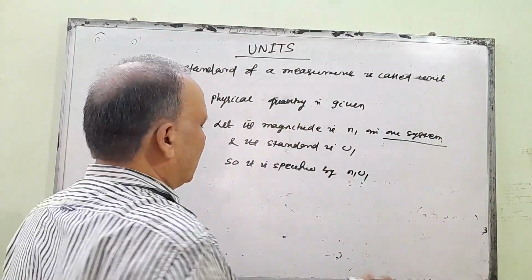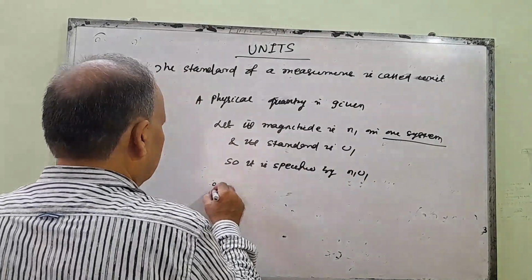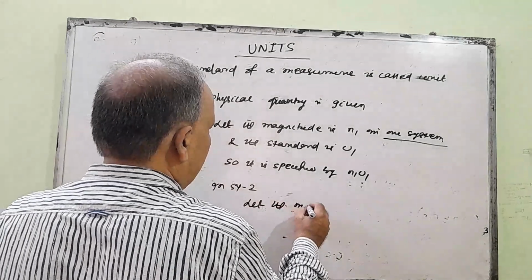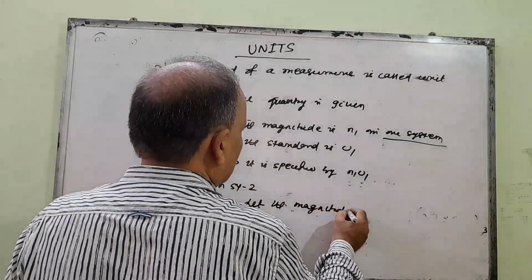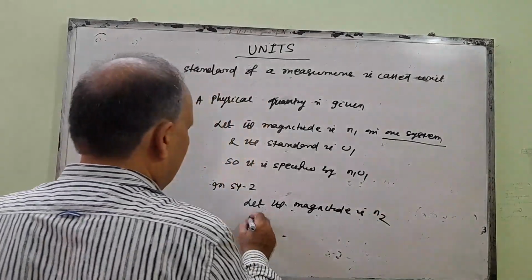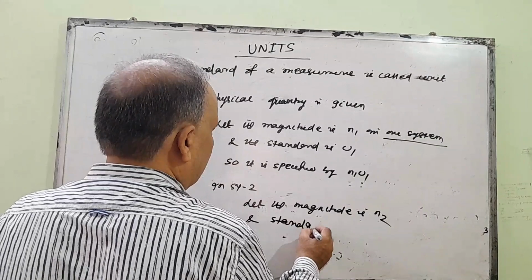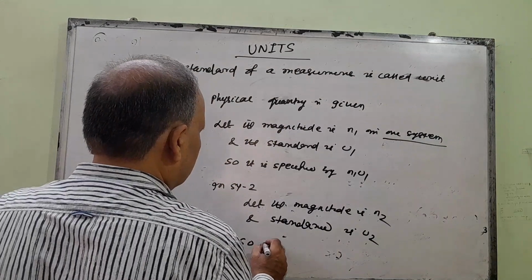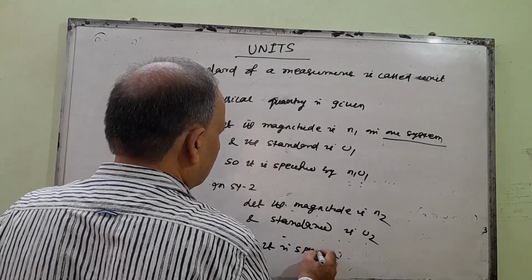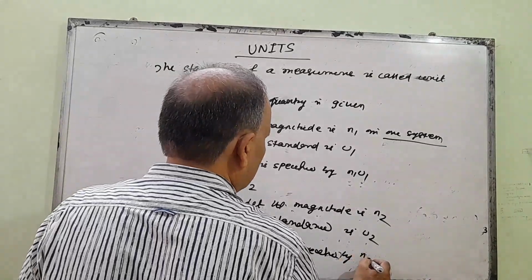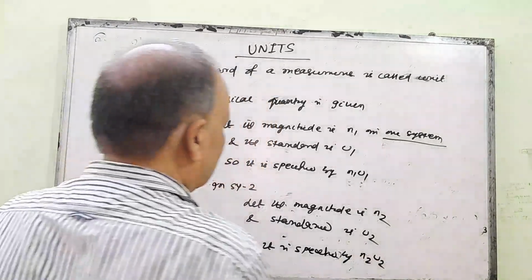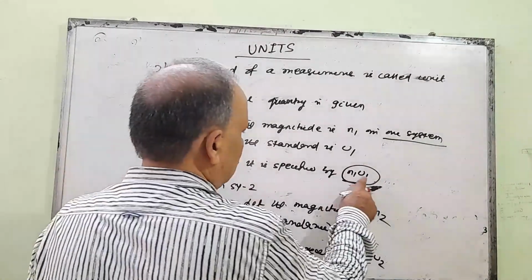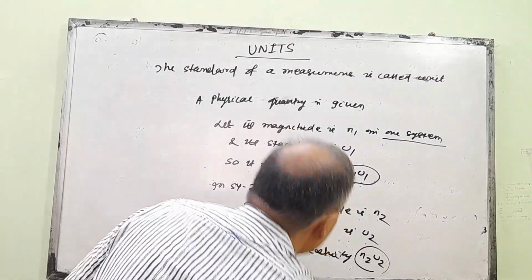Suppose that physical quantity is measured in second system. In system 2, let its magnitude be N2 and standard or unit is U2. So it is specified as N2 U2. But you see, in first system it is specified as N1 U1, and in second system it is N2 U2.